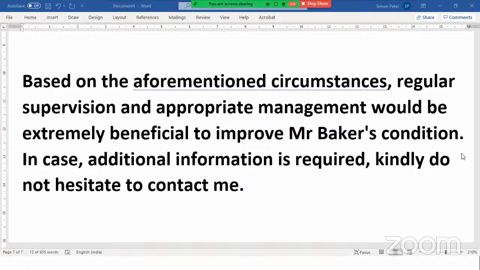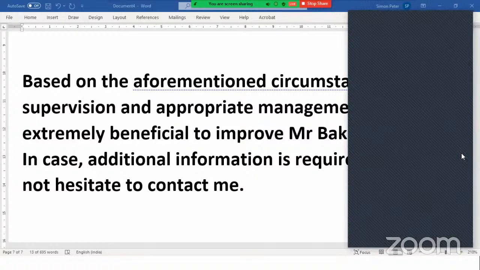Based on the aforementioned circumstances and based on the aforementioned information, very good. Continuing care and management would be extremely beneficial to improve Mr. Baker's condition. Baker apostrophe s, not comma. In case any additional information is required, please do not hesitate to contact me.